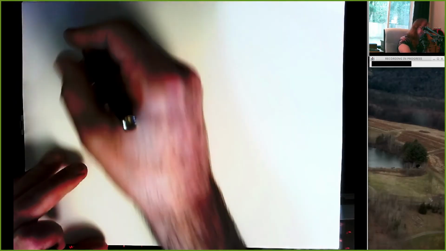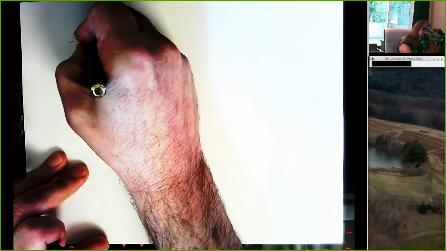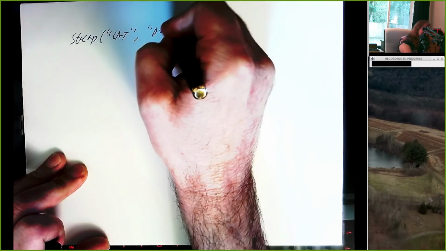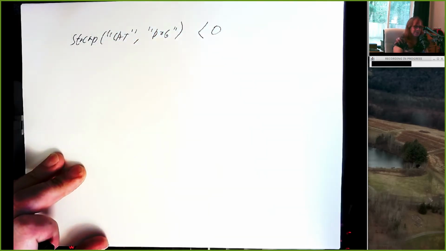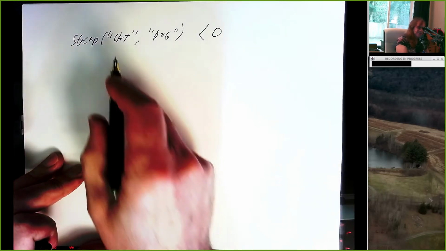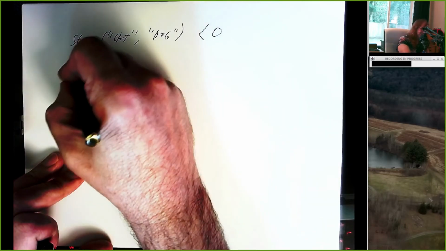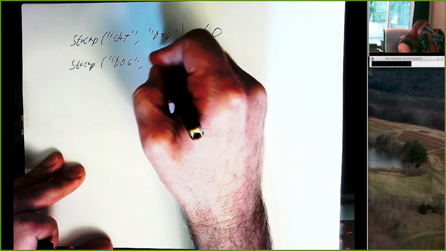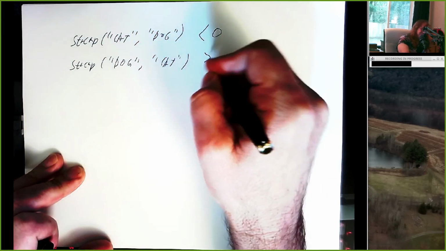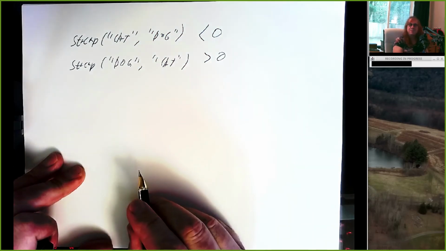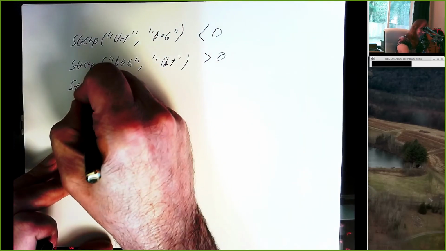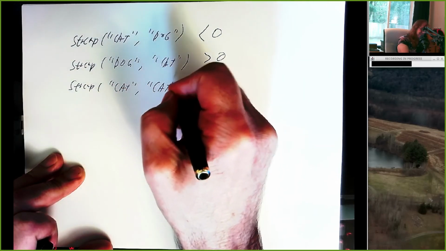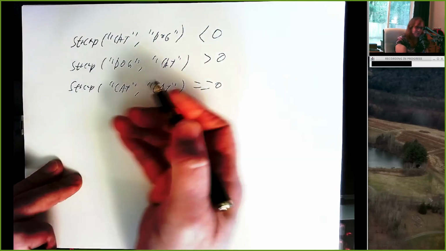If we say string compare cat, dog, that's going to be less than 0, because cat comes before dog. If you string compare dog, cat, that's going to be bigger than 0 because dog comes after cat. And if you string compare cat with cat, that's going to be equal to 0 because those two strings are equal.